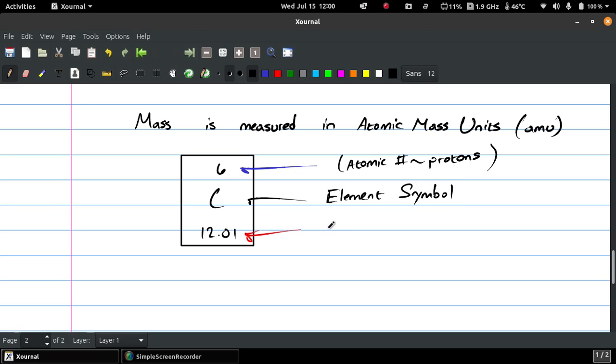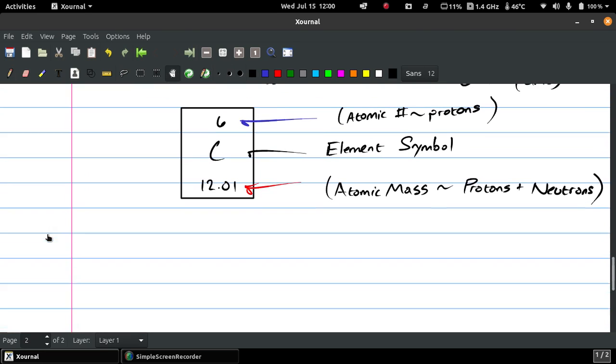And on the bottom is our atomic mass, which is protons plus neutrons. Okay, so that's pretty much it for this portion.